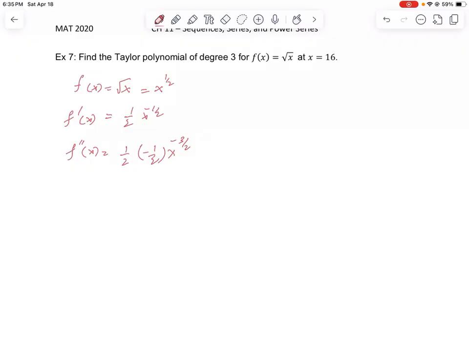And f triple prime, or f3 of x, is 1 over 2, negative 1 over 2, and then negative 3 over 2.